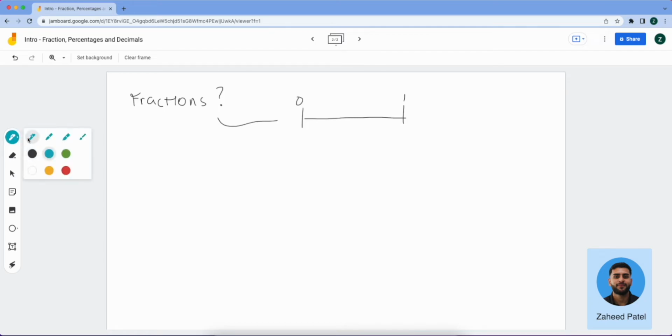Well, bang halfway, that is 0.5, or you could also say 50%, or 1/2. So that's your percentage, that's your decimal, that's your fraction. If I go to this point here, it's 3/4, and if I go over here, it is 1/4. Now 1/4 is 0.25 or 25%, and 3/4 is 0.75, and that one is 75%.